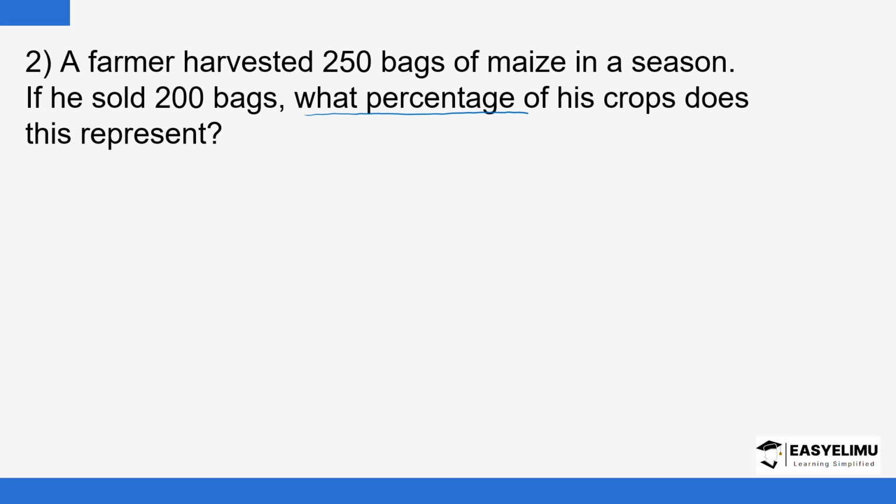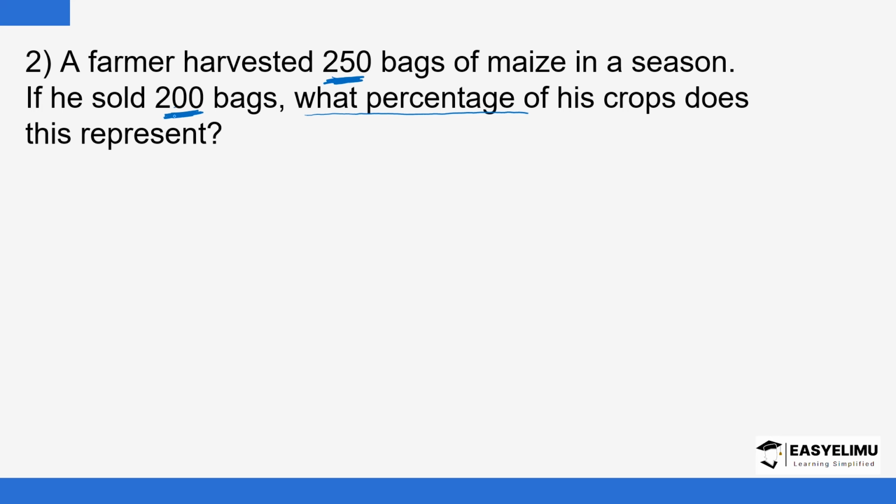Maybe what we can do is find the percentage decrease, and then we subtract from what they had, and we'll be able to get the reduction. They sold out 200 bags. Initially they had 250.